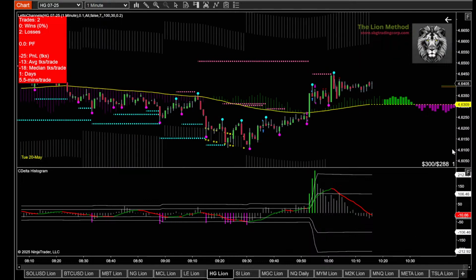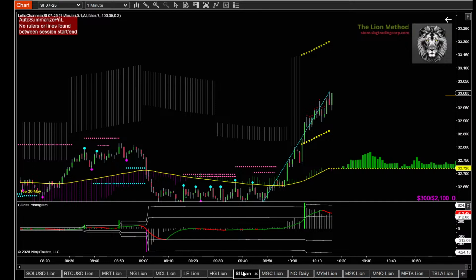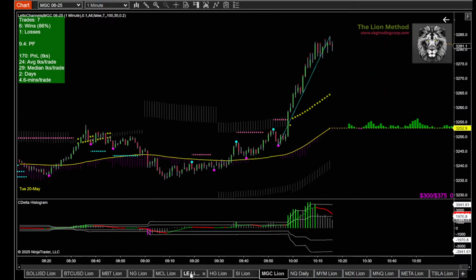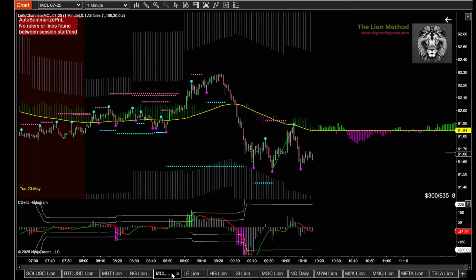Not overbought or oversold in copper yet. All right, not much going on yet.